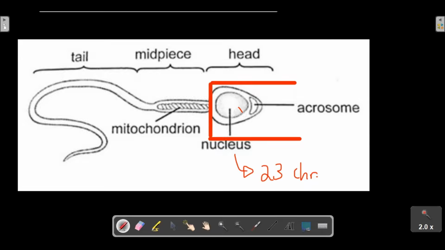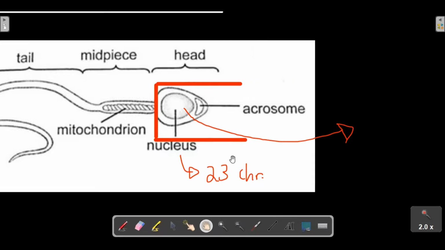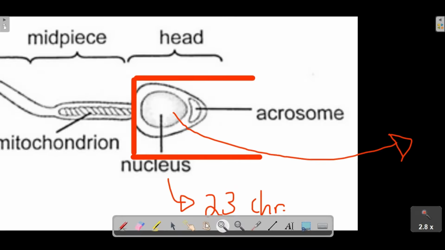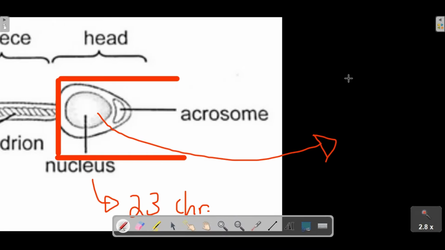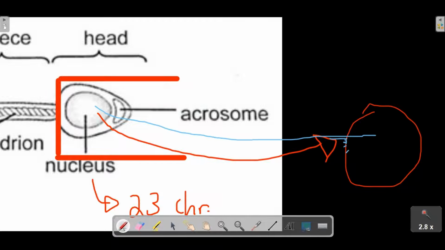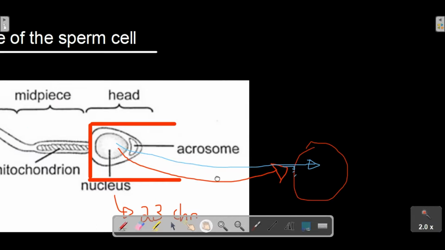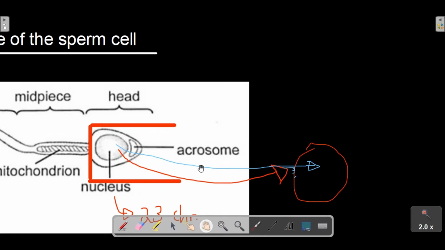This is the structure that needs to get into the egg cell's wall. In order to do that, it has to consume, it has to eat out the wall of the egg cell. So the wall of the egg cell has to be consumed first so that this part can enter internally into the egg cell, right? And in order to do that, you have to have a structure that produces enzymes that digest these walls, and that structure is the acrosome.